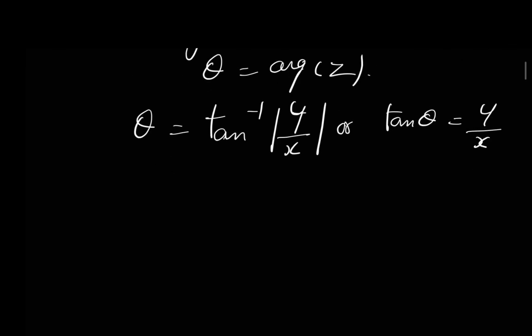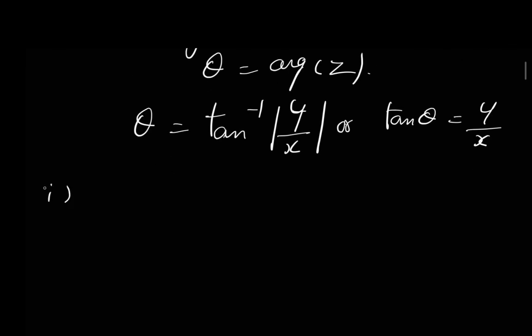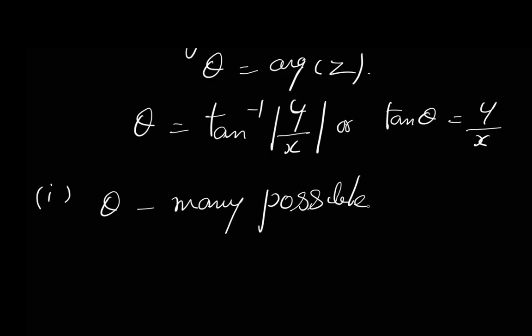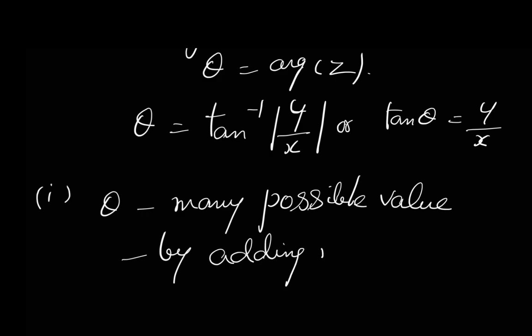What about the value of theta? In case 1, theta can have many possible values, just by adding multiples of 2 pi to this theta.